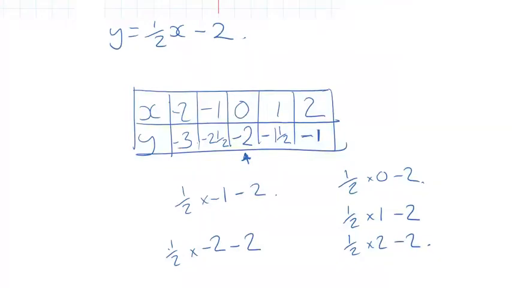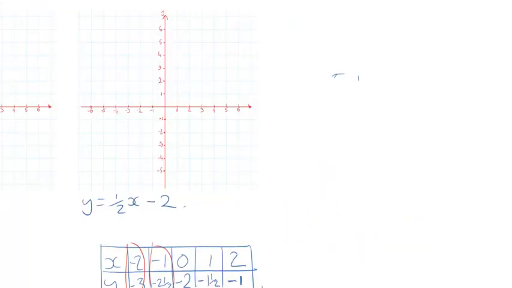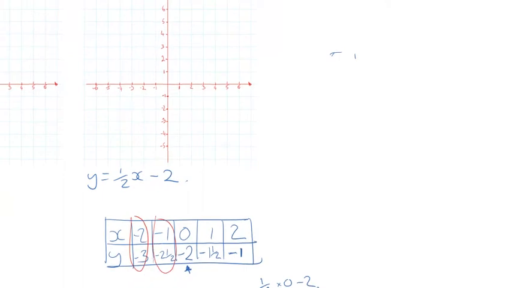So now we can put in these coordinate pairs and hopefully they will make a straight line. So our first one is minus 2, minus 3. Then we have minus 1 and minus 2.5, which is going to be about there. Then we have 0, minus 2, 1, 1.5, or 1, minus 1.5, I should say, and then 2 and minus 1.